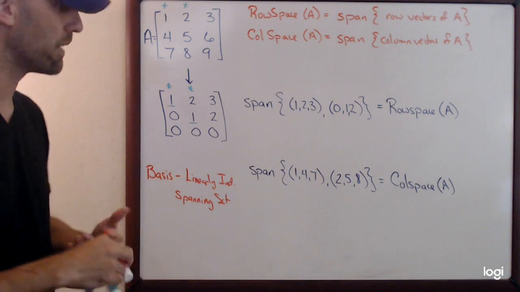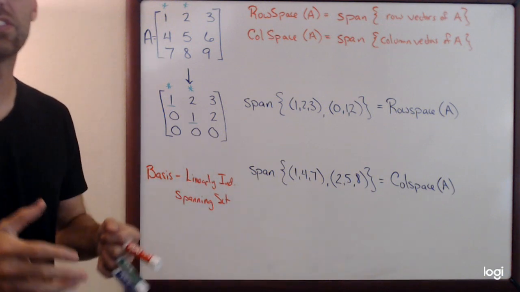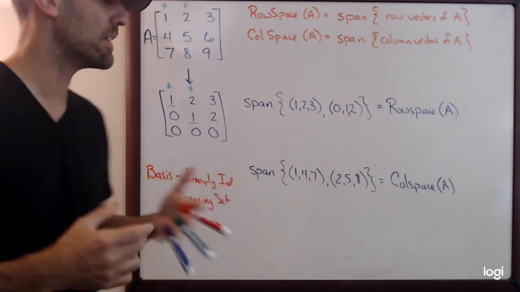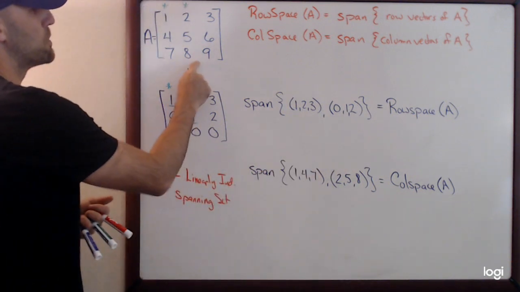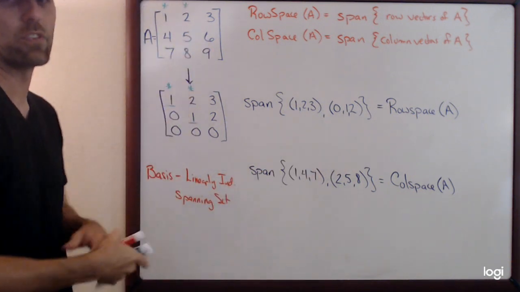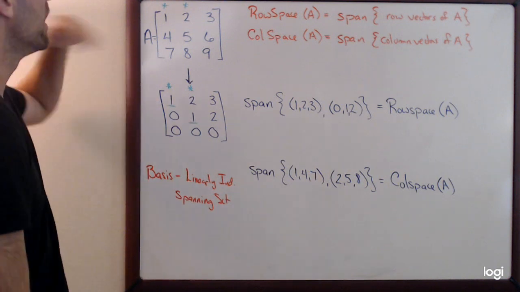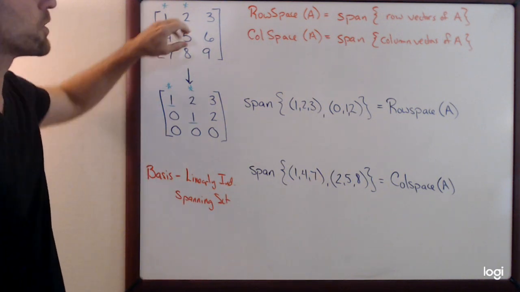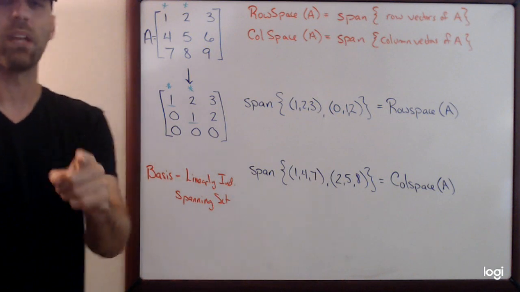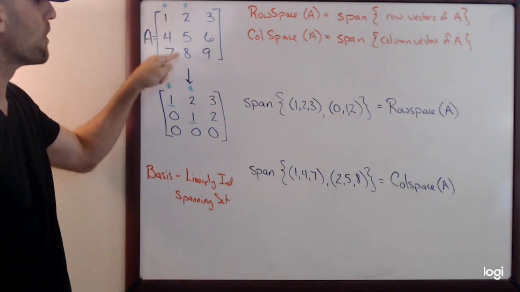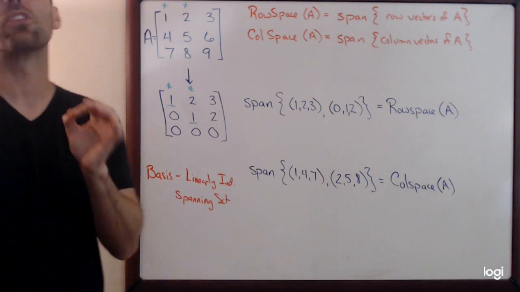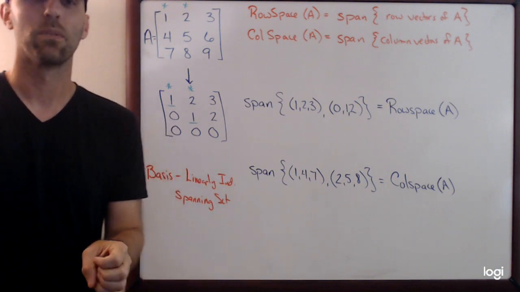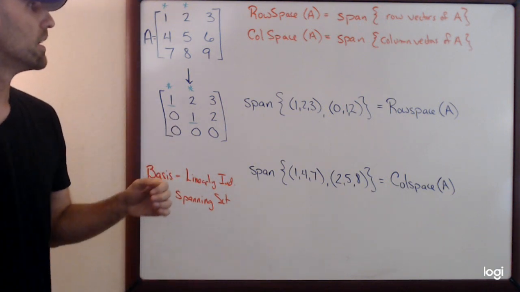So we're looking for a basis for the row space. Well, again, the row space is the span of these three rows. That's clear, right? If I take the span of these three rows, I get the row space. The problem is these three rows taken together as vectors are not linearly independent. They're linearly dependent.